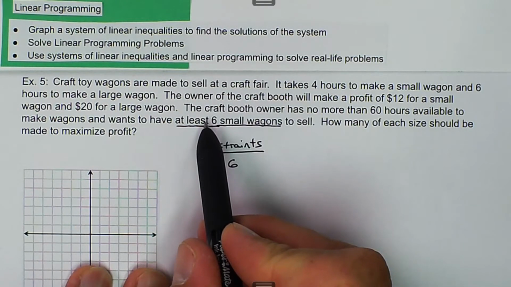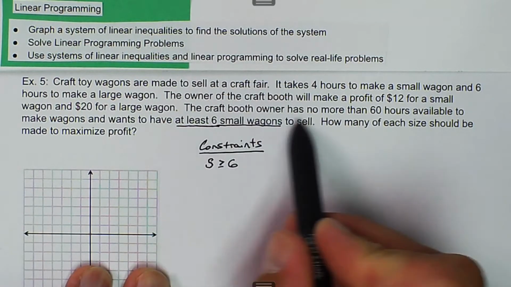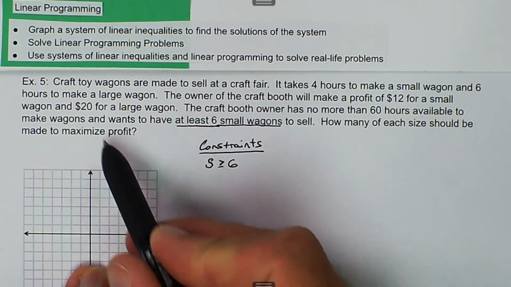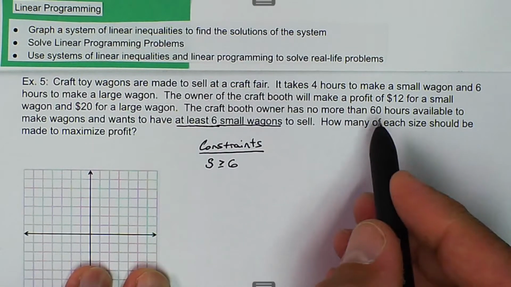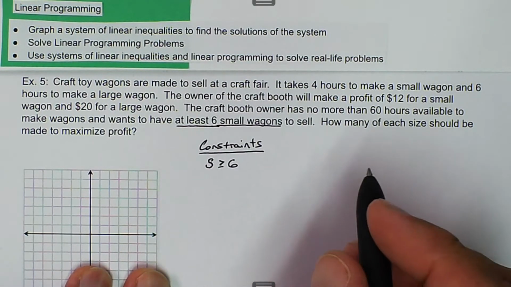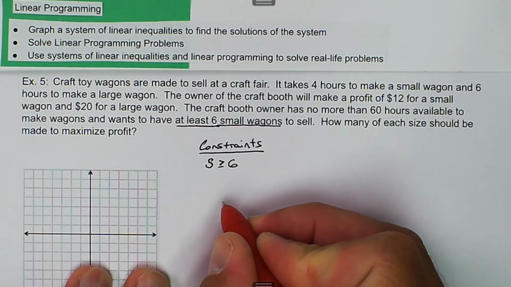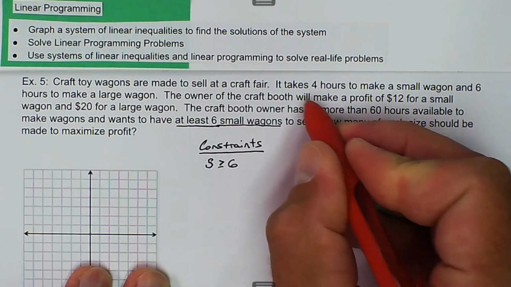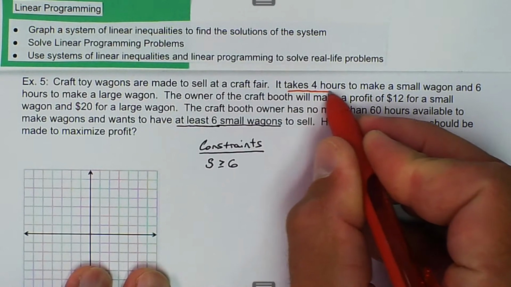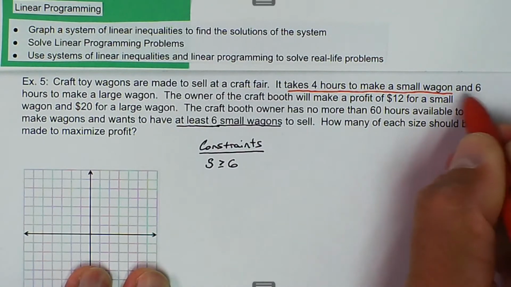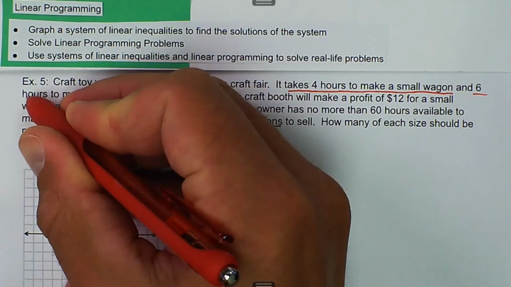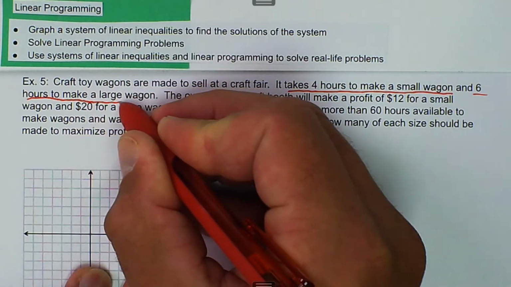The craft booth owner has no more than 60 hours available to make wagons, so 60 hours is the most. But it takes 4 hours to make a small wagon and 6 hours to make a large wagon.